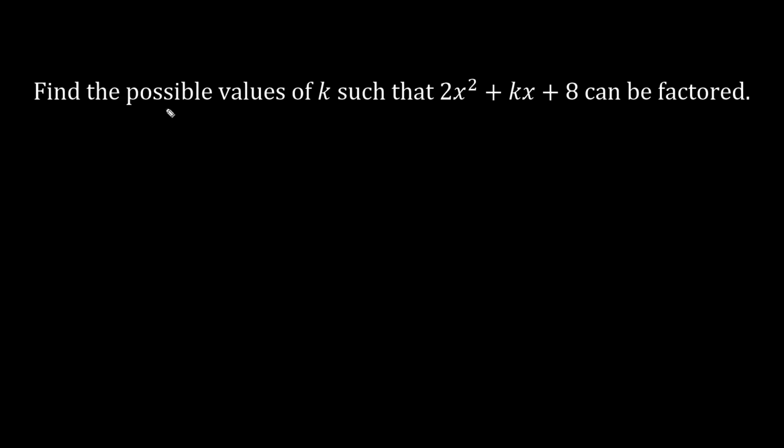Let's try another challenge problem. Let's find the possible values of k such that we have this trinomial and a constant term plus 8 that can be factored. So let's try brute forcing this question. We'll try 2x times x, and why don't we try 1 and 8? Because when we look at the constant 8, we can break it down to 1 times 8 is 8, and 2 times 4 is 8.